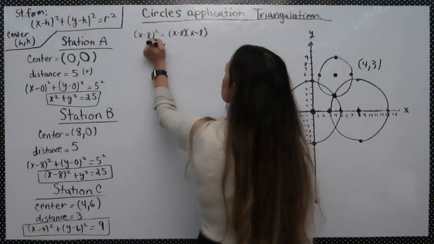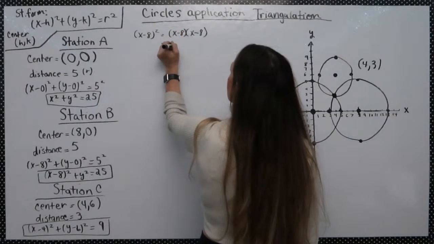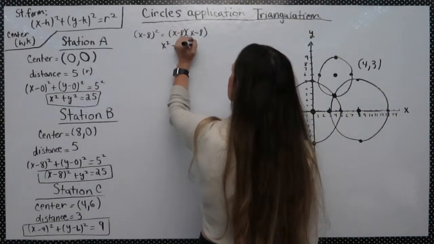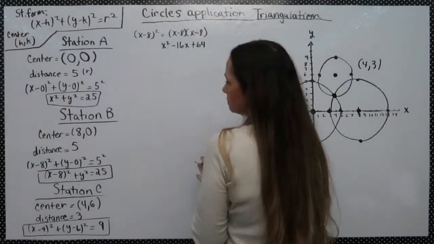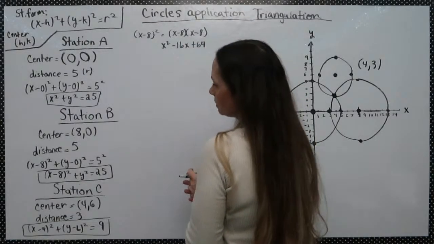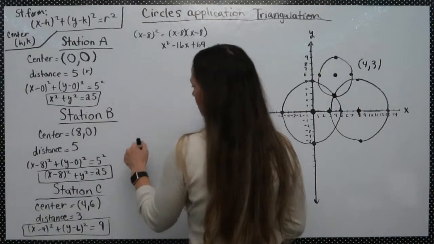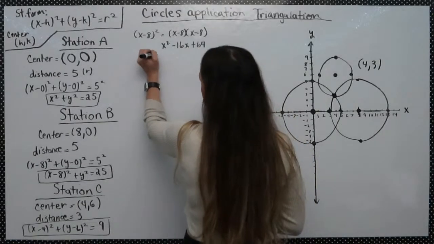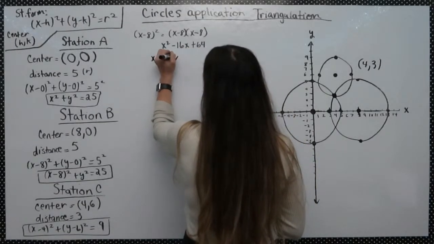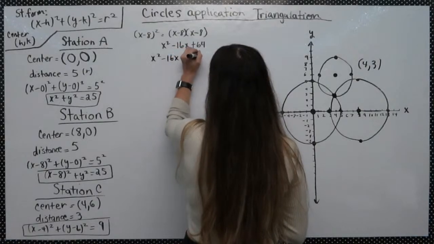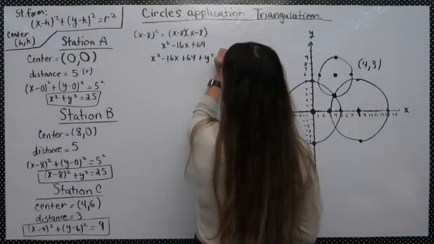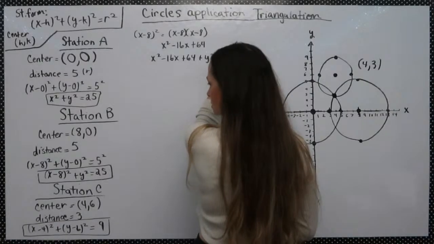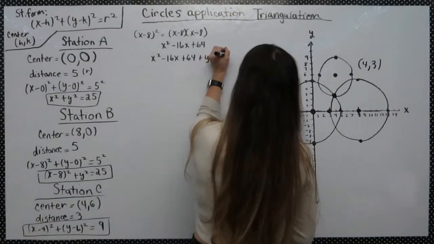So we'll have x² - 16x + 64, it looks like. Right. So I can rewrite this one. We'll say x² - 16x + 64 + y² = 25.